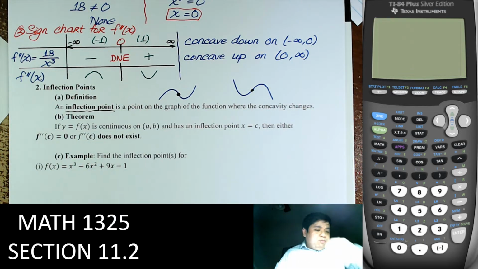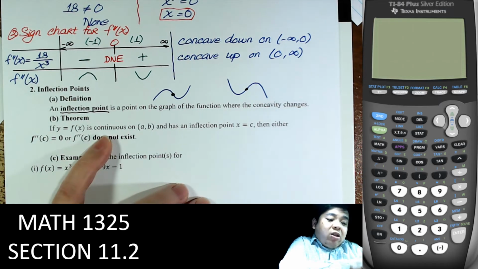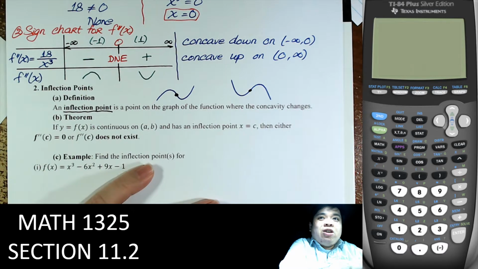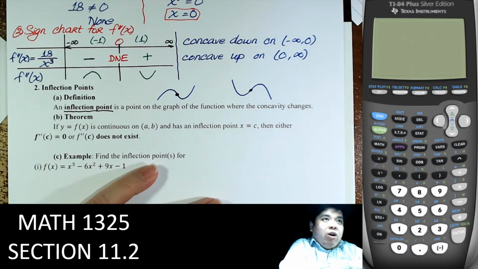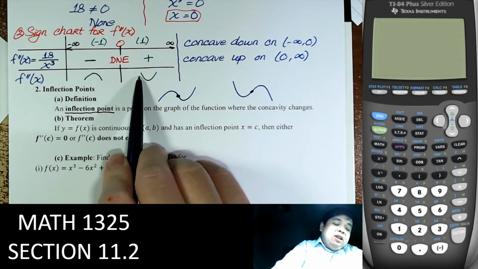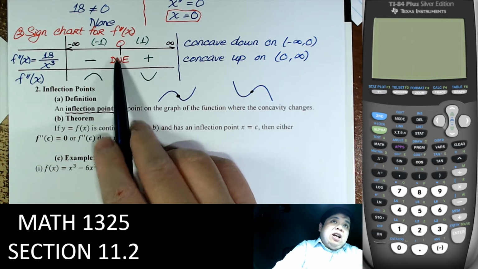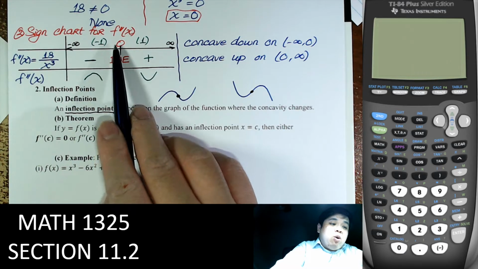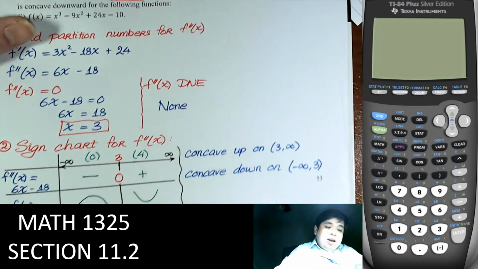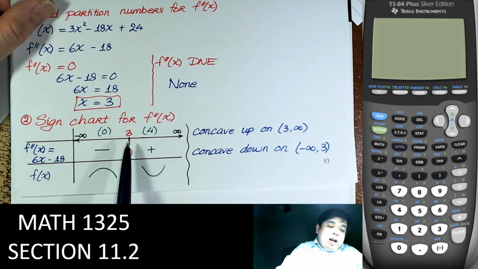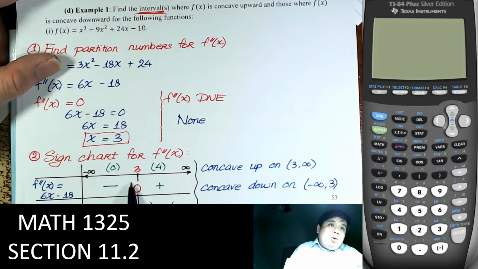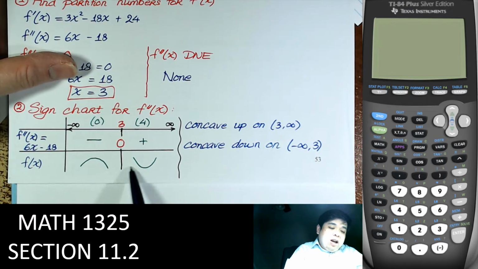Now, in terms of the second derivative, it says if y is continuous and it has an inflection point, then either the second derivative equals 0 or does not exist. Well, we have been doing that all along, right? So in this case, if there's a point here, that would be the inflection point, but that point does not exist, so no inflection point there. On this one though, when x equals 3, the function is suddenly defined, so we have concave down and then concave up.